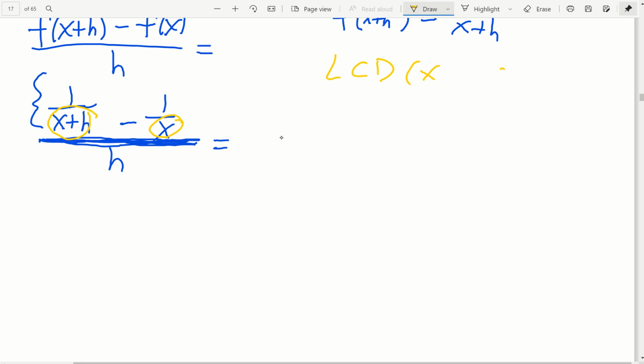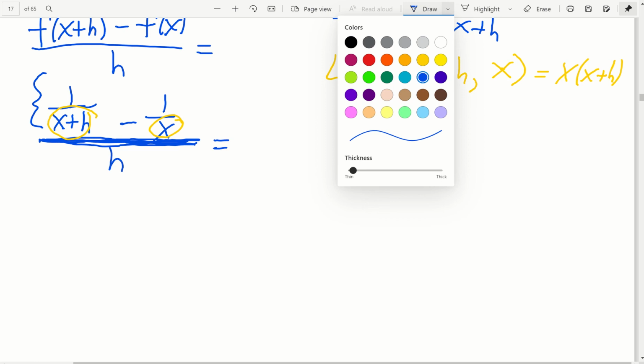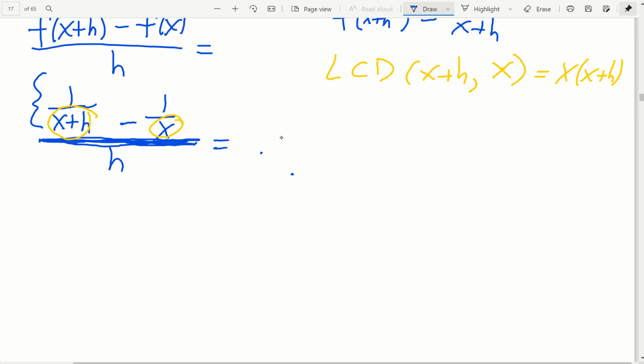LCD. The LCD of the quantity x plus h and x is simply going to be the product x times x plus h. Once you recognize that LCD, we can multiply every term in the numerator and denominator by that LCD to clear off the fractions.